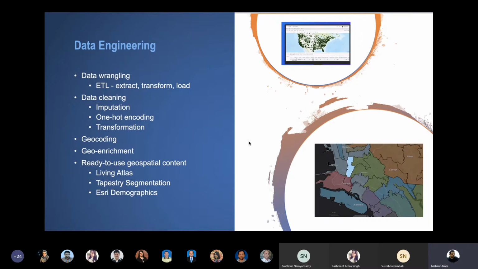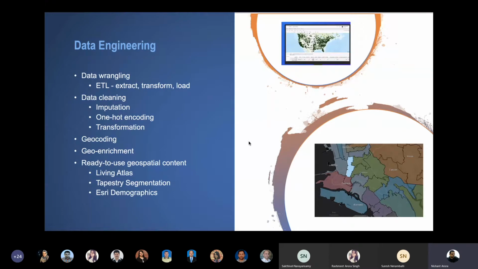One of the challenges that we sometimes face is the missing location, which is where geocoding comes into place. So we may have a beautiful address information, but if it doesn't have a location, that address information is incomplete for us. So this is where geocoding comes into place.